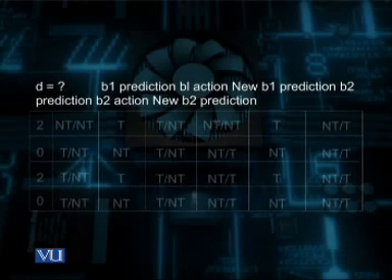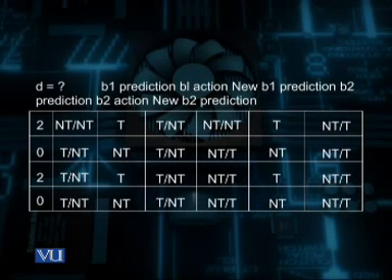Now, in order to further explain the function of the correlating predictor, let us consider our standard 1-bit predictor, which has an additional 1 bit of correlation. That is, every branch in this case has 2 separate prediction bits.